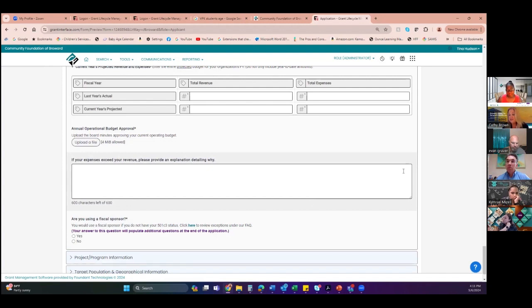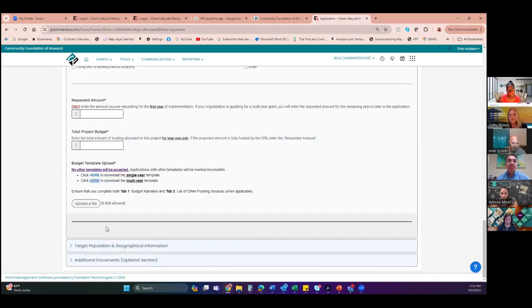You may have had an intentional year where you spent down a little bit of money that had been banked for some reason. If the budget is not balanced, just let us know why. And again, we are not judging your organization. We're not trying to tell you how to do your work. We are trying to understand that you have the capacity to manage a grant gift appropriately. That's why we ask questions like that.